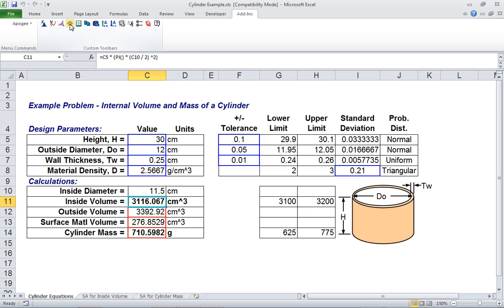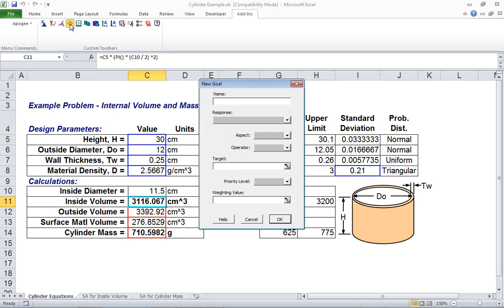To define a goal, you would go to the yellow star, the define the goal icon, and click on it. You can also define any name for this goal. Select the response from which this goal can be computed, and I'll do the outside volume for this example. You can also select the mean, the standard deviation, or PNC.